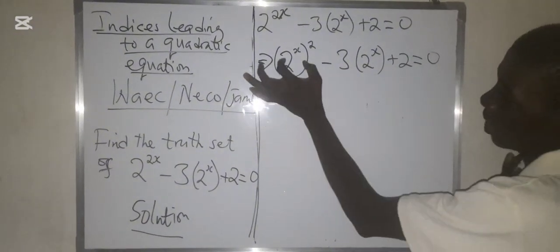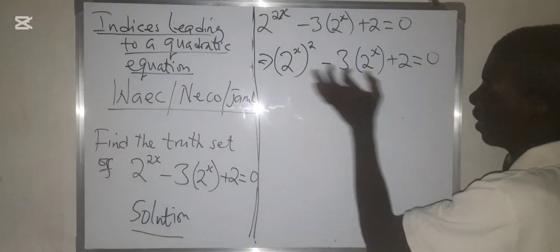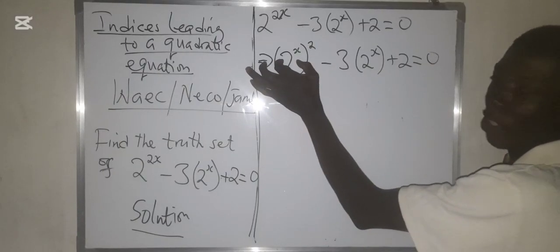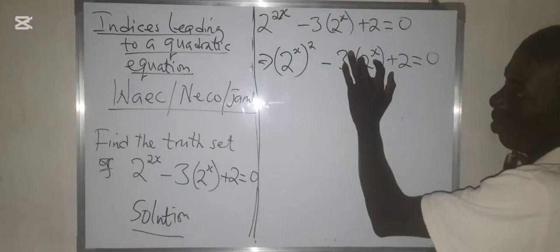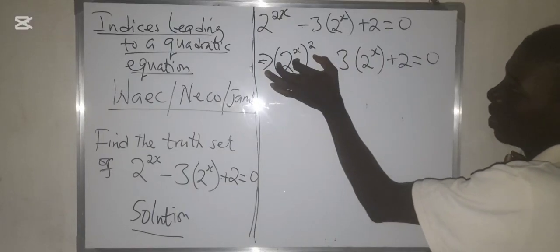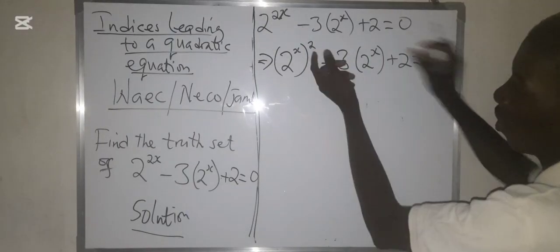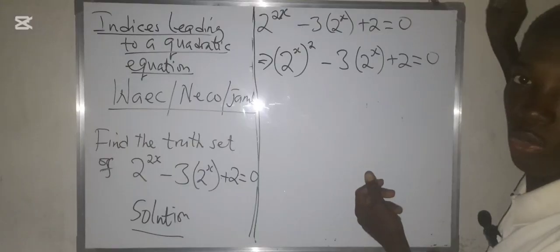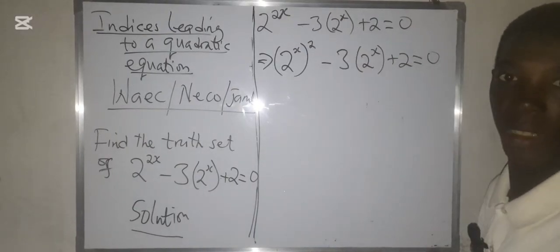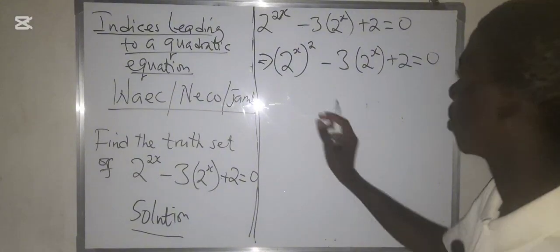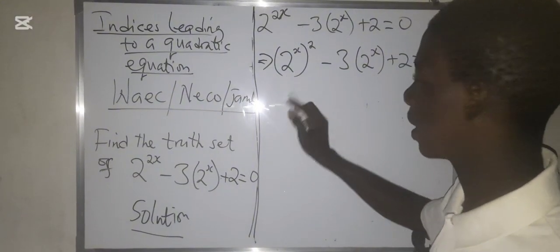You can see that the two brackets have an exponent of x. This is still the same as this; we just take out the power 2. If you multiply this by this, it is still the same.